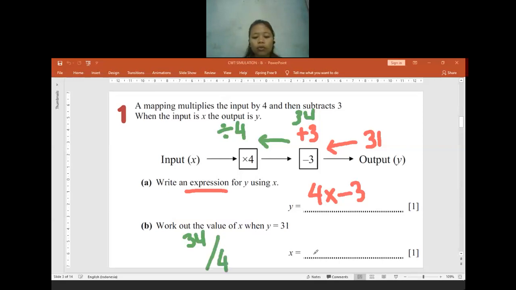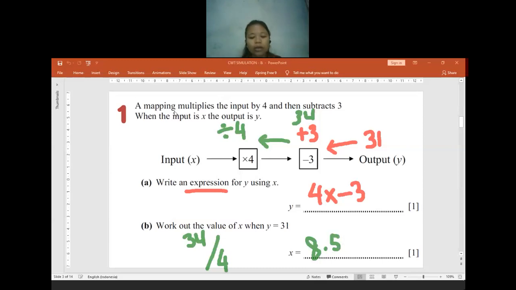Is there anyone who is confused, or maybe I go too fast? Teacher, I wrote 8.5. Okay, you can mark it with any other pen, like a colorful pen, so it will be easier for you to see.